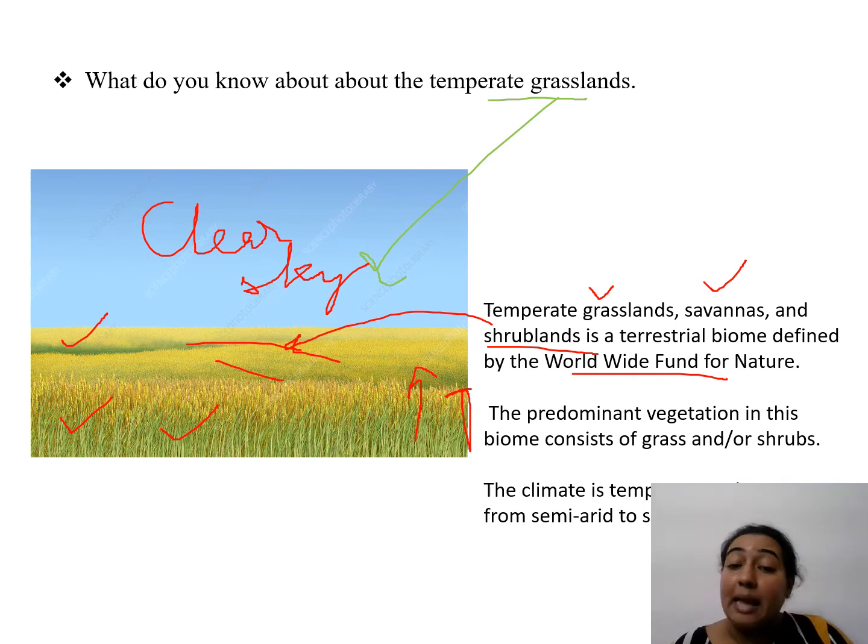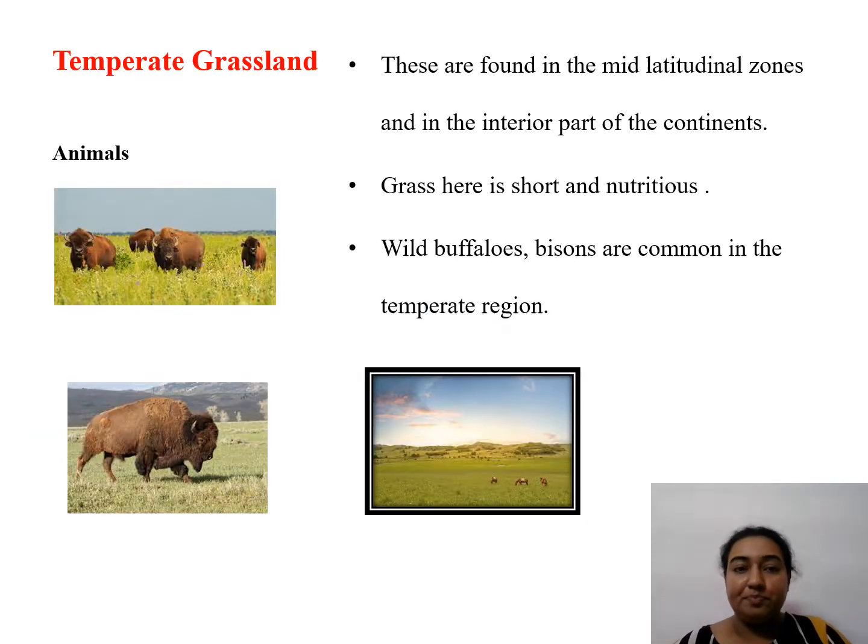The climate is temperate in nature, from semi-arid to semi-dry. Let's study more: what type of vegetation is found there and which type of animals are found. So which animals are found in temperate grasslands? We can see rhino, goats and cattle, and wild buffaloes.